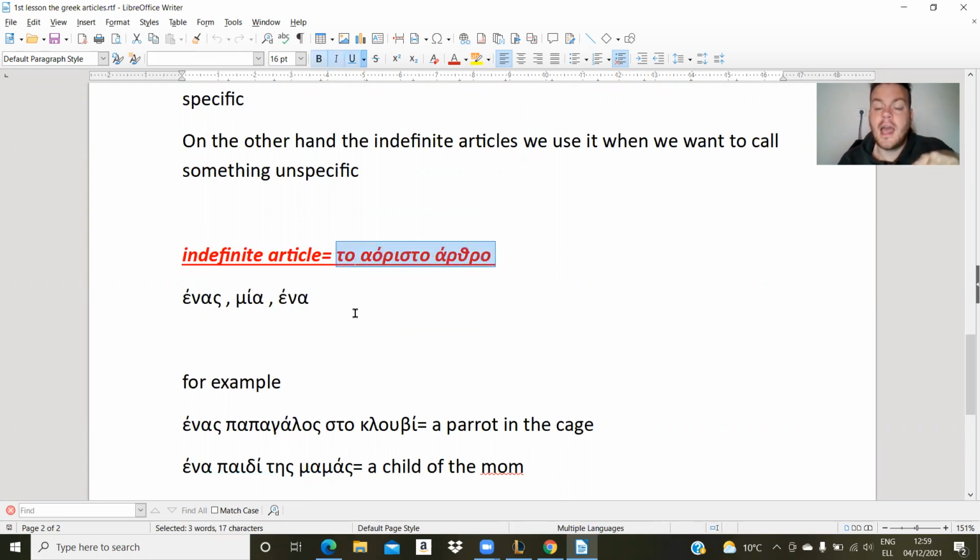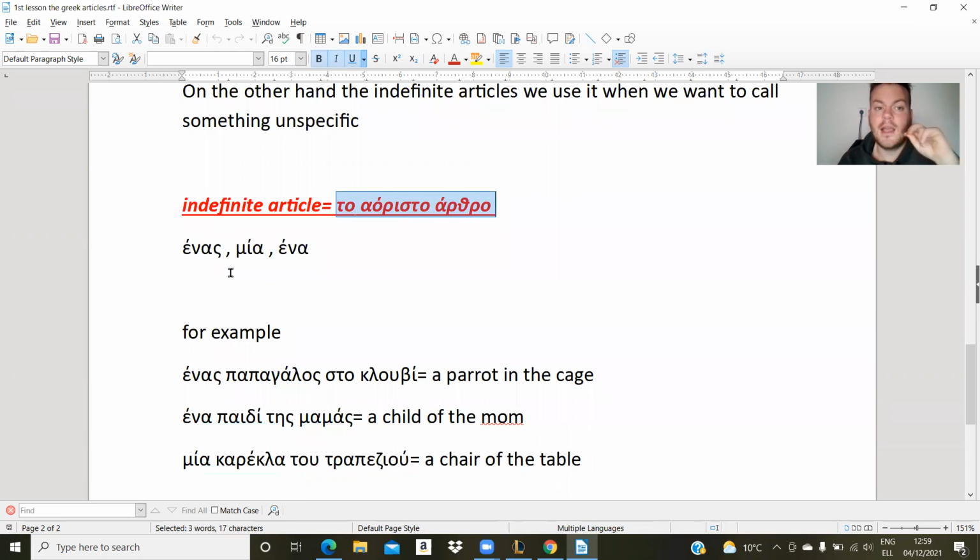And these articles are ένας, μία, ένα. In English, they are translated as a and an. And the definite article is translated as the.